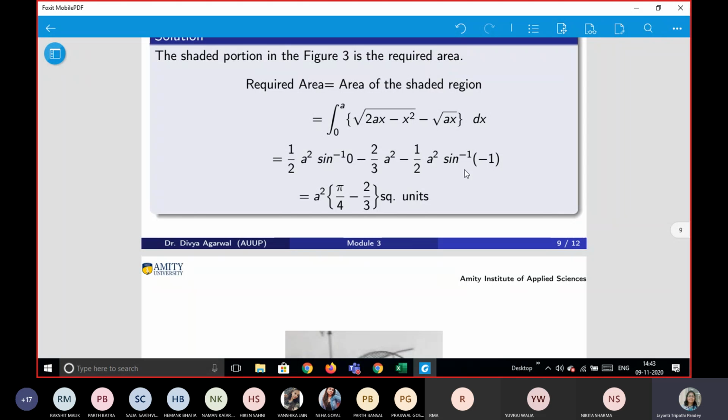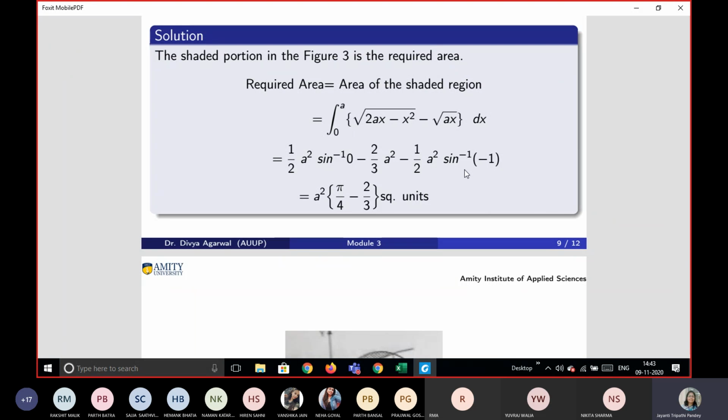Are you able to integrate it or not? I'm giving you the formula that has worked here because you have forgotten the formula. The formula for root of a square minus x square.